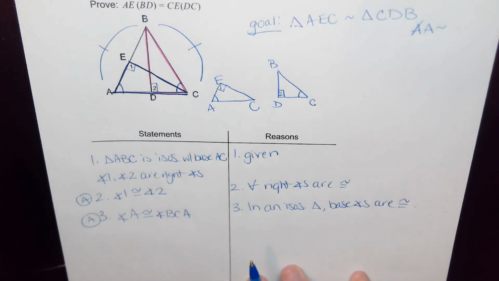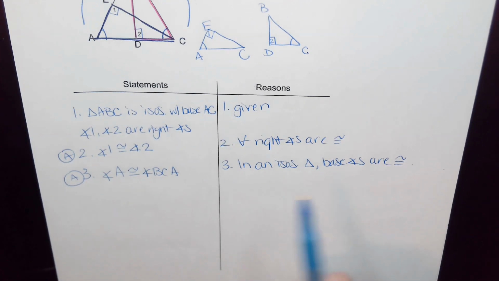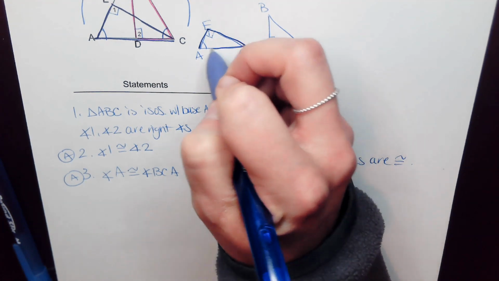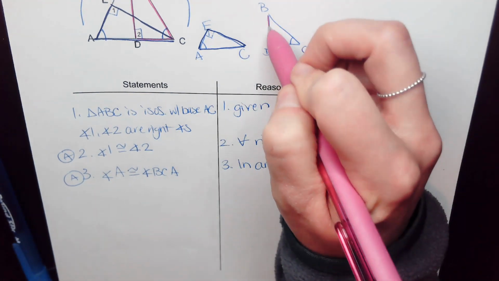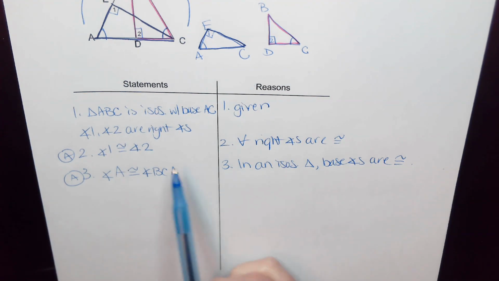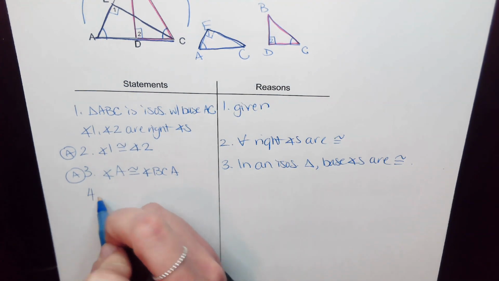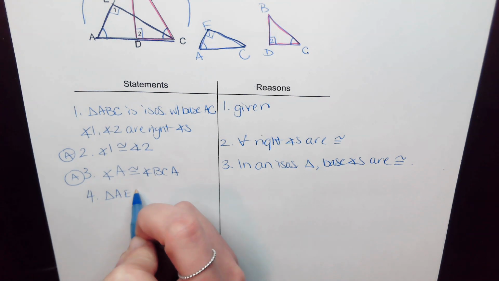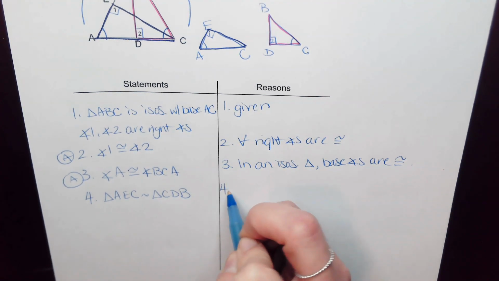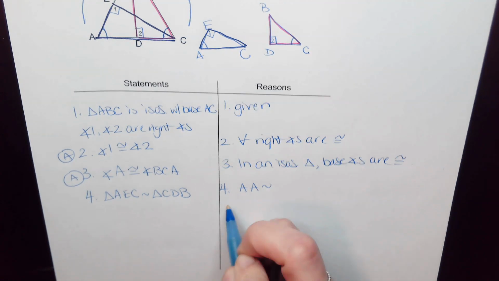If that helps you, anytime you have overlapping triangles, just redraw them. You could even color code them if you want, keeping this one purple and this one pink, if that helps. All right, so now we have enough to say that triangle AEC is similar to triangle CDB, and we know that is by angle similarity.